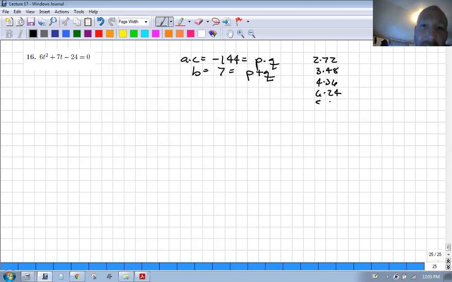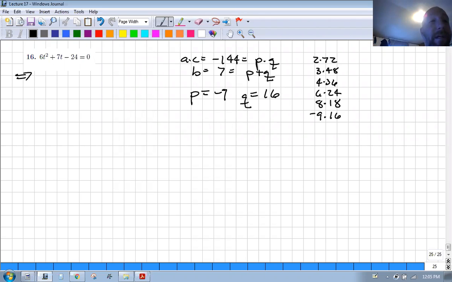We do an 8 times an 18. That would give us 10 though. How about a 9 times a 16? I think that's it, because if we make the 9 negative and the 16 positive, they multiply to give us negative 144, but they add to give us positive 7. So let P be negative 9 and Q be 16.